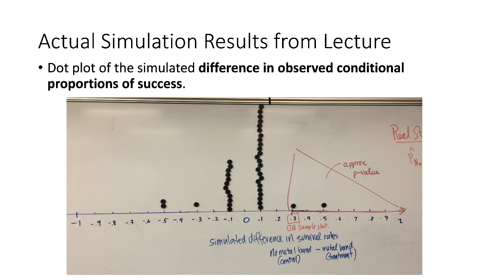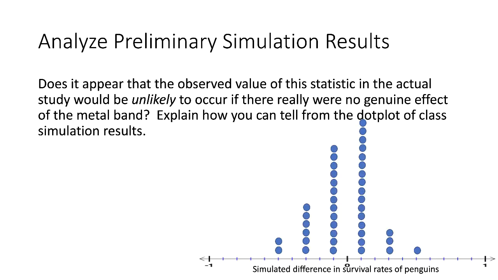In the graph that you're seeing on the screen, the most common values for the simulated difference in survival rate are usually -0.1 and 0.1. So just keep in mind that when we do a simulation, there is a bit of randomness involved. Every simulation will be slightly different. If you're doing this at home, you would probably get different results than what I have on the screen.